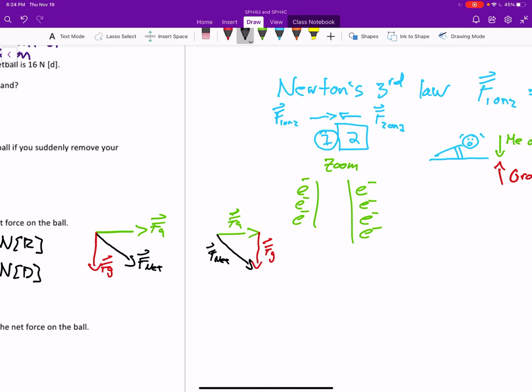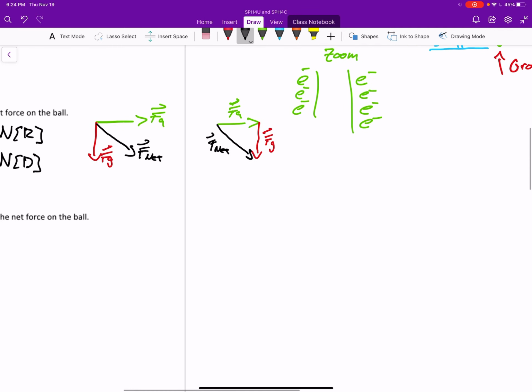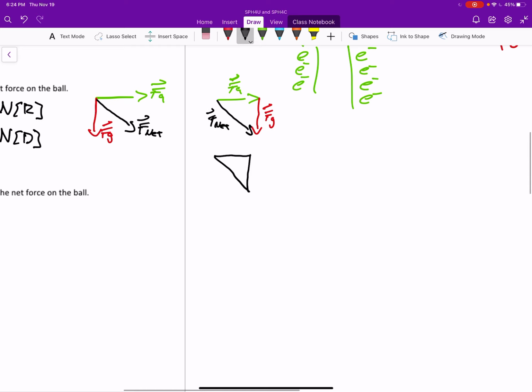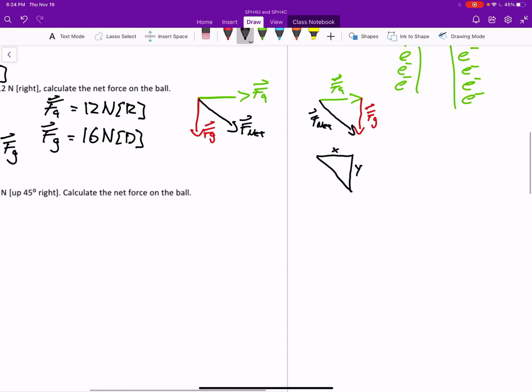So my triangle looks like just this. It's a right angle triangle. And we can use the magnitude of these two forces with our Pythagorean theorem to find the hypotenuse, which is our F net.